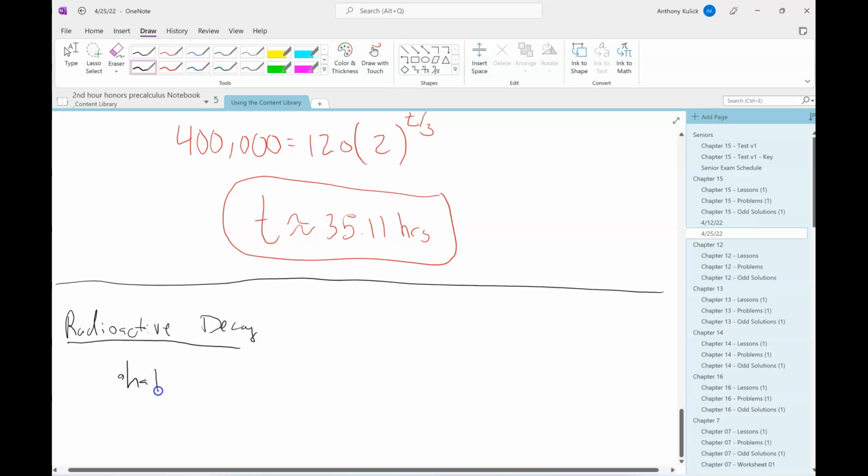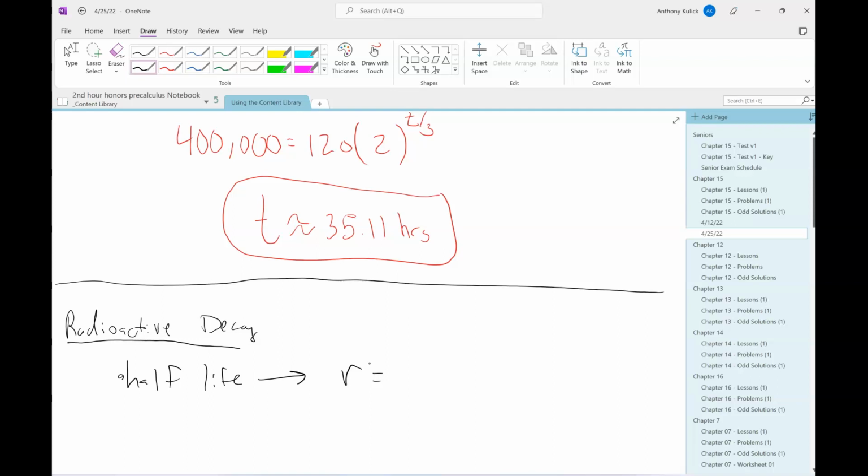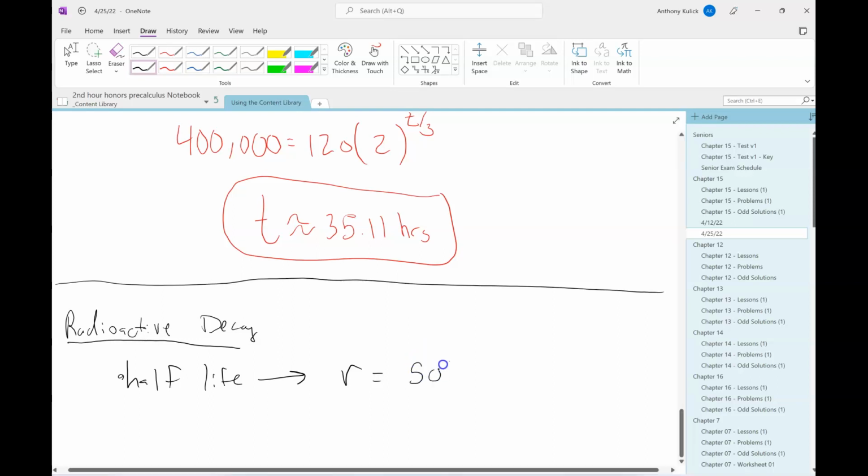The key here: half-life implies that the R is going to be... If you go to a store and there's a sale for half off, what percent? 50% off, and the off part would imply that it's actually negative 50%, yes, because it's coming off rather than being added on.